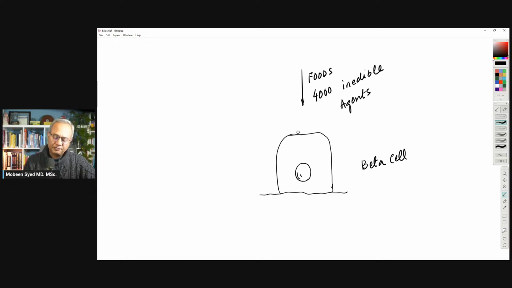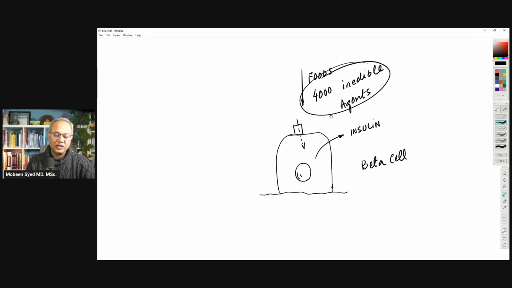We know that beta cell's job is to get glucose in it, and with that glucose that is present, it will sense the amount of glucose present in the environment and then produce a corresponding level of insulin molecules. Correct? Imagine if this one beta cell is representative of all the beta cells in the pancreas.